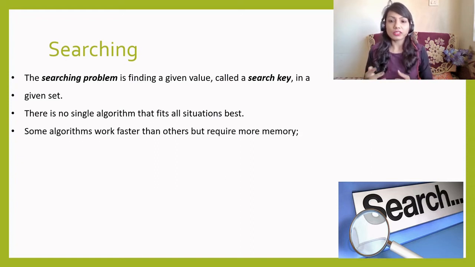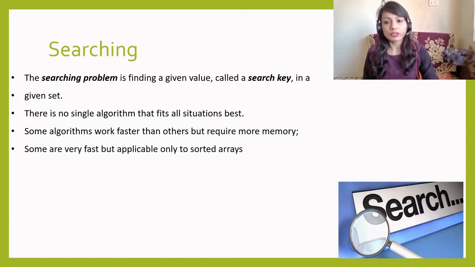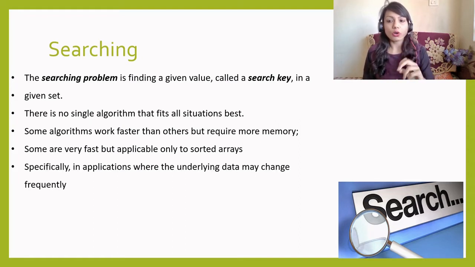That is, some algorithms work faster than others, but they require more memory, while some might be slower but require less memory, and some are very fast but are applicable only to sorted arrays. For example, binary search is very fast, but the given list has to be sorted.